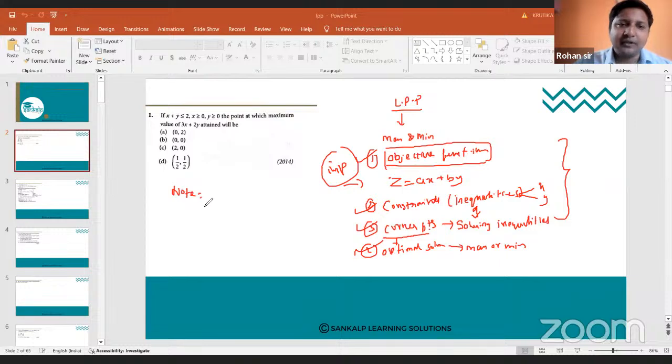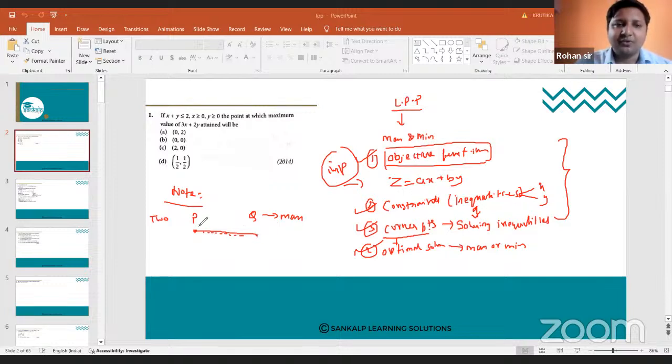When we are getting 2 points with maximum value, the line which is joining these 2 points matters. If there are 2 points P and Q which are giving us the maximum value, then each point on the line joining them will give us the maximum value.